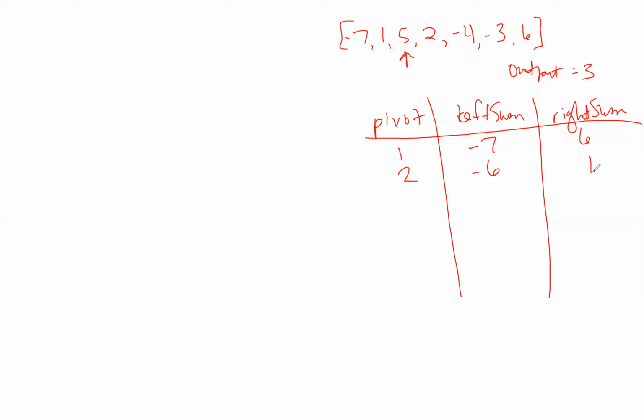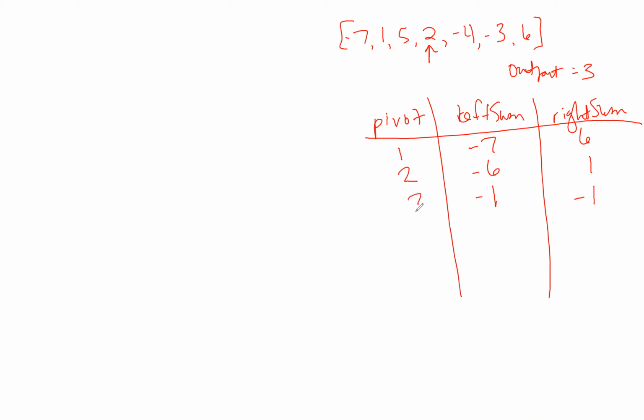Okay, so then I look at it. Is -6 equal to 1? No, it's not. Okay, I need to add my pivot to my left sum, and then increase it to here, and that's where I subtract it from my right sum, and 1 minus 2 is -1.